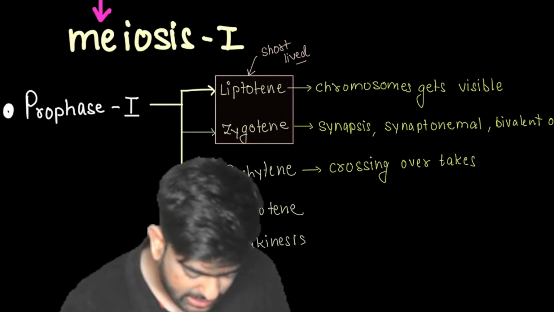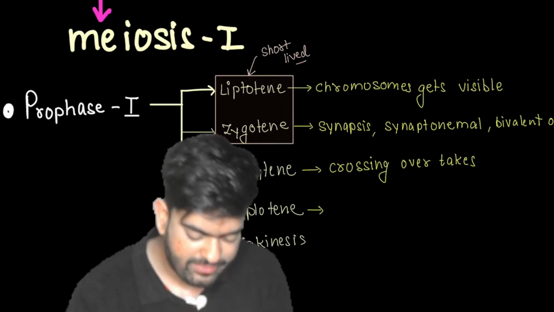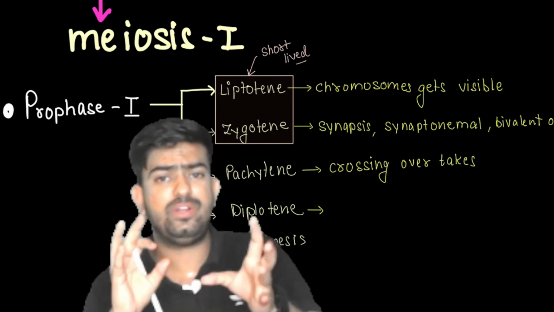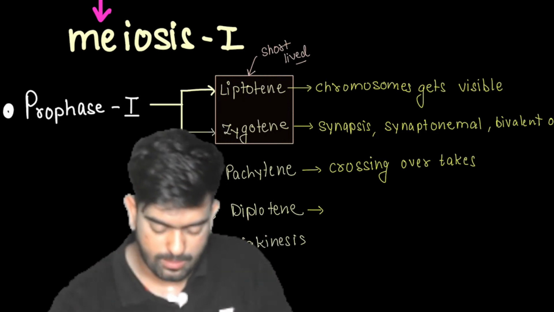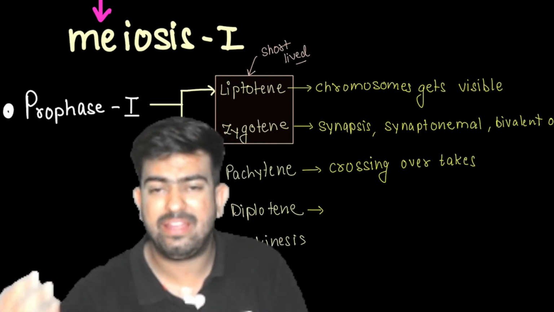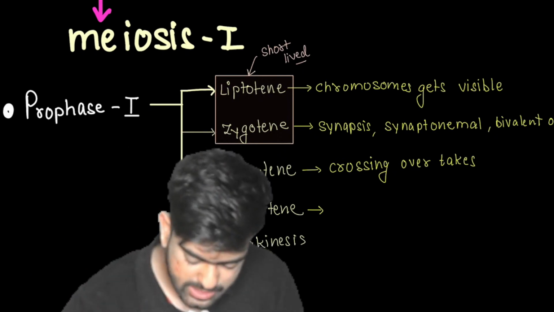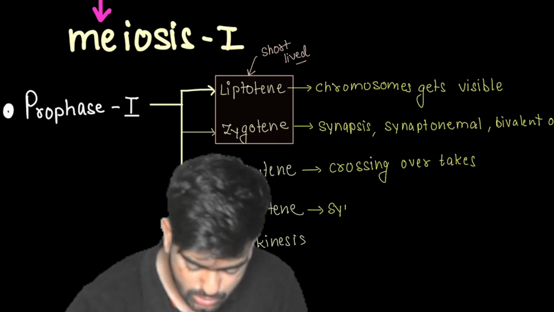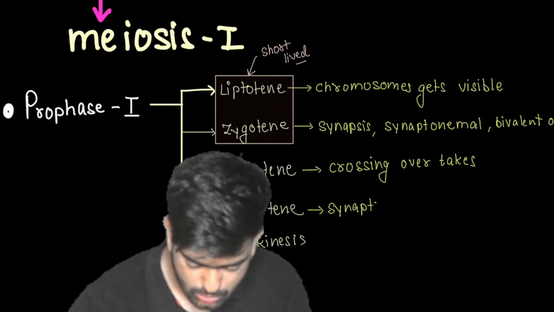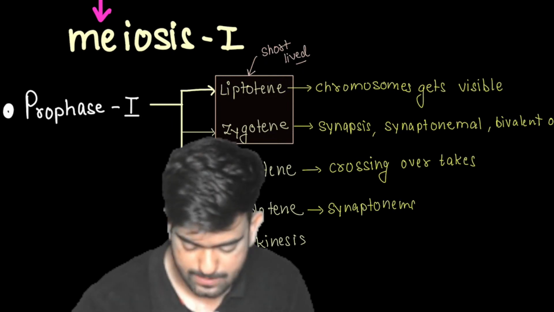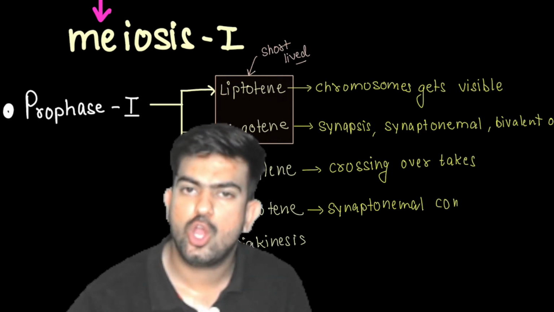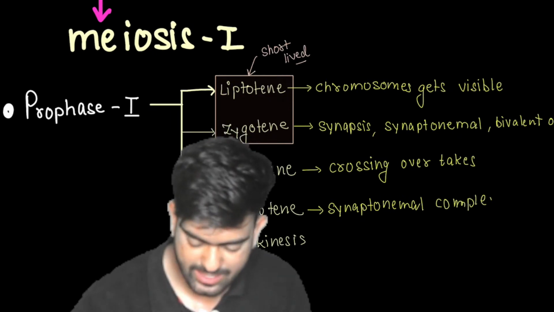Next we have diplotene. So in diplotene, what happens? Whatever complexes were formed, that is the synaptonemal complex or synapsis or bivalent or tetrad, everything gets dissolved. So I'm just going to write here that the synaptonemal complex gets dissolved.